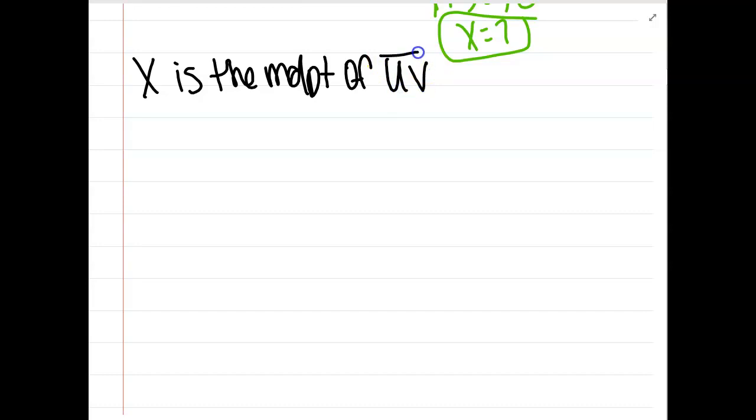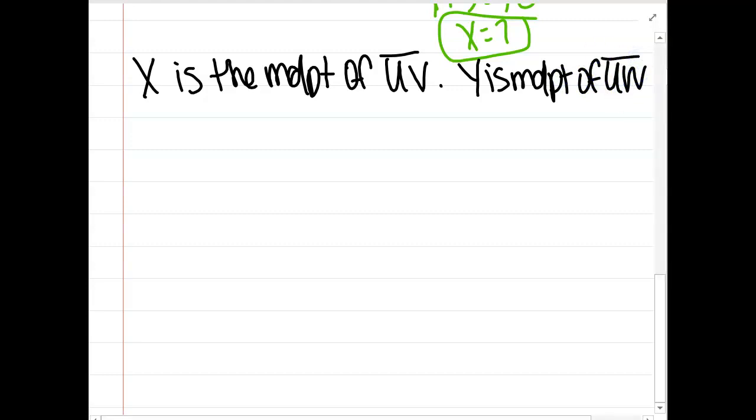So some upfront information. Let's say x is the midpoint of UV. X is the midpoint of UV, and y is the midpoint of UW.